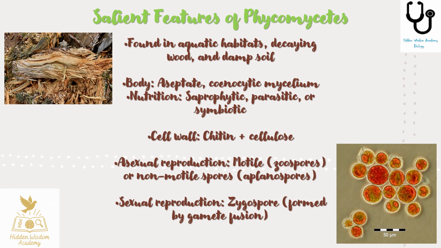The cell wall contains both chitin and cellulose. For asexual reproduction, they produce either motile spores called zoospores, or non-motile spores called aplanospores. Sexual reproduction occurs through the formation of a thick-walled zygospore, formed by the fusion of gametes. These features make Phycomycetes the most primitive yet fascinating group of fungi.